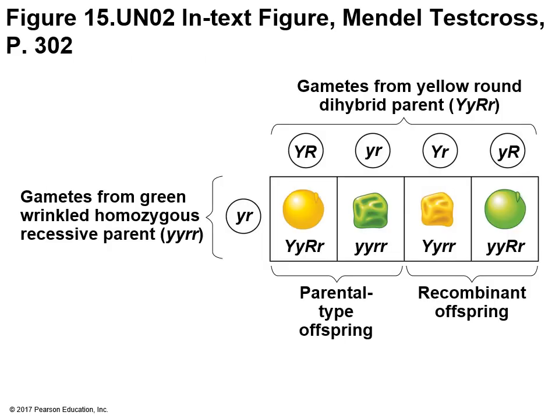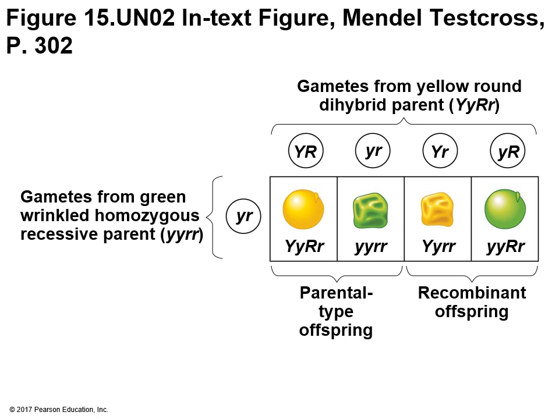So if we go back to Mendel's experiment and his model organism, which was the pea plants, we can also see that we had recombinant offspring that did not look like their parents. And also the other half was the parental type offspring which did look like their parents.